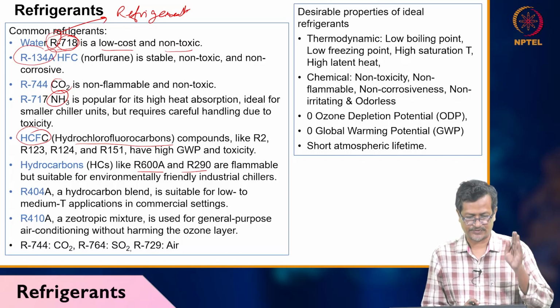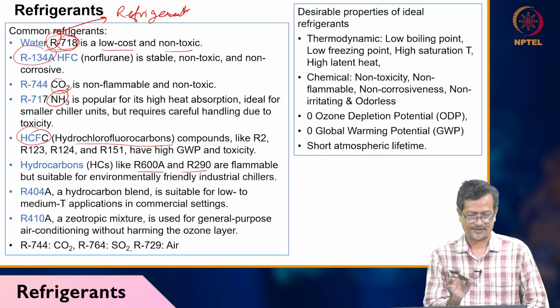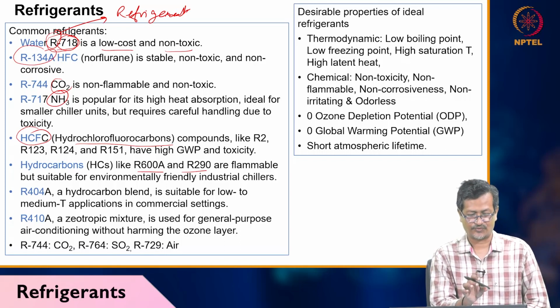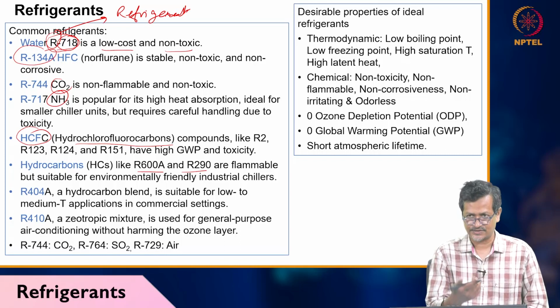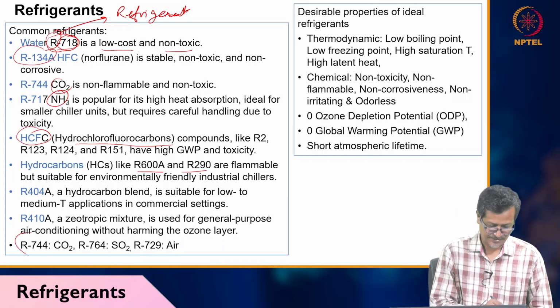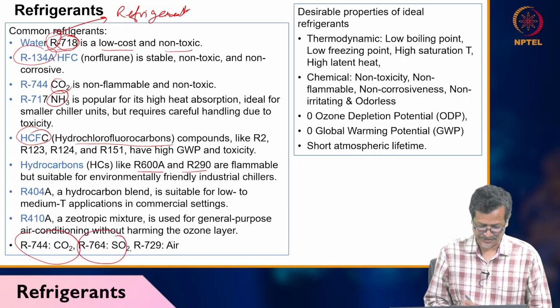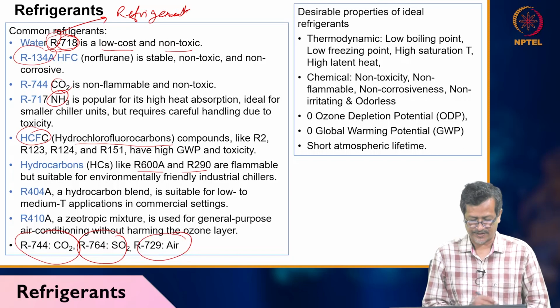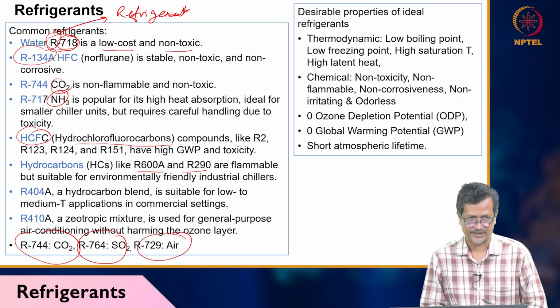So you should remember the refrigerant name, that chemical, and the designation, R718, R744. Those things you should remember. R744 is carbon dioxide, R764 is sulfur dioxide (SO2), which is also used as a refrigerant, and R729 is air; especially for aircraft engines they use air as a refrigerant.